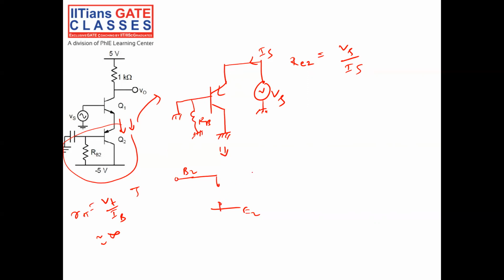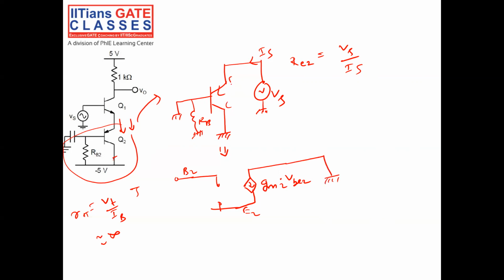Okay, and between collector and emitter, I have a small signal current equal to GM2 into VB2, because I am looking into transistor 2. And my collector here is grounded.